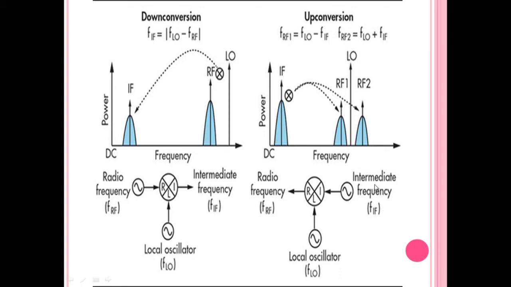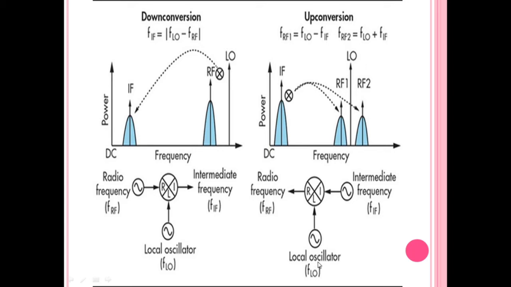But if that intermediate frequency F_IF value is higher than the second input signal frequency, that is the LO signal frequency, then that conversion is called up conversion of frequency, which is represented by the notation F_RF2 equal to F_LO plus F_IF. But the very important point you have to notice is how a circuit can mix two signals.